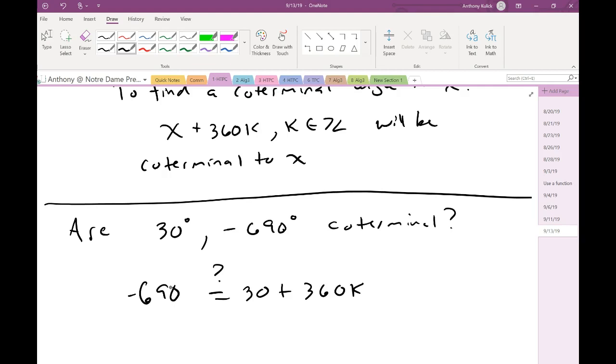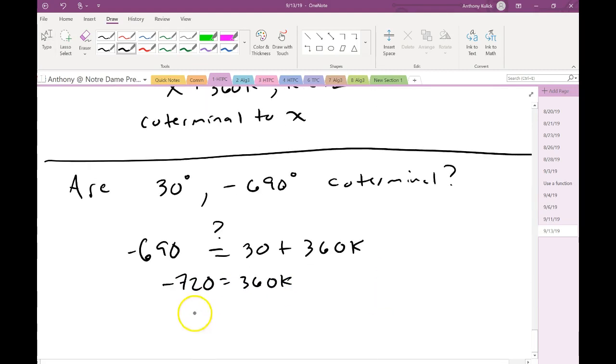If I get a decimal, no, they would not be coterminal. So if we subtract 30 from both sides, and then divide by 360, I get k is negative 2. Since that's an integer, I can say that these are coterminal.